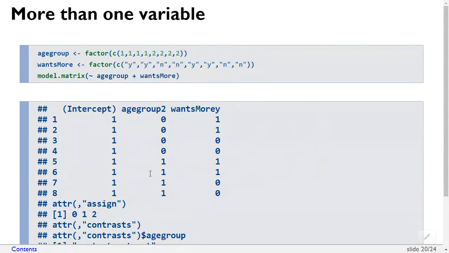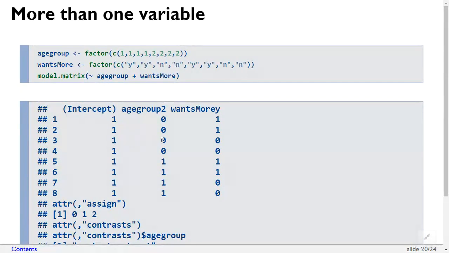Yeah, so each row is an observation, and this is just telling you what to multiply each of your coefficients by before you add them together. So your reference group will have... in fact, the way this design worked out here, persons 3 and 4 are in the reference group for both variables.